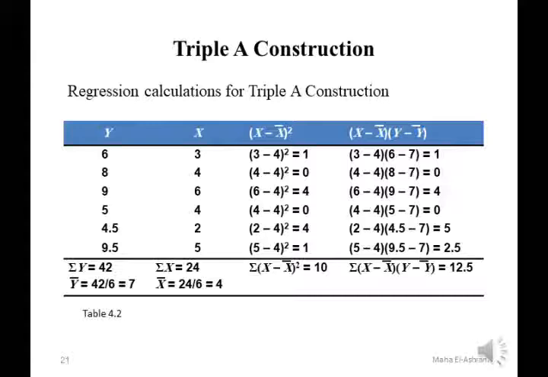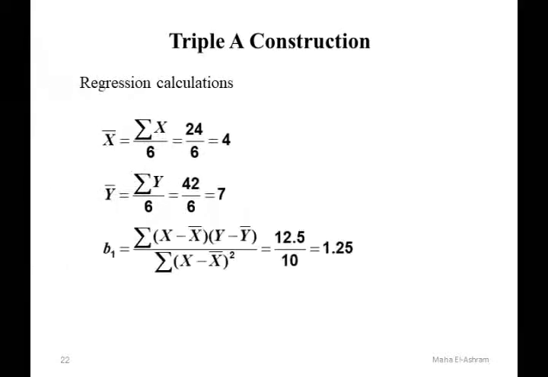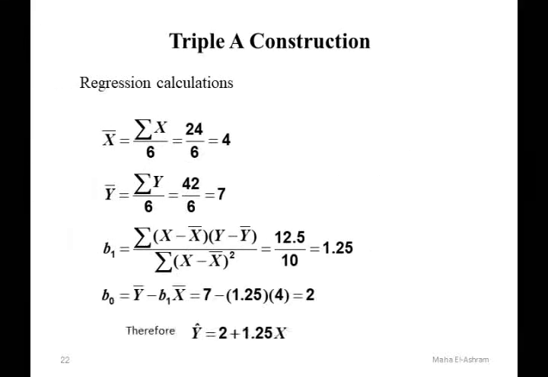So in this case, you have x and y, where we have to calculate x minus x bar squared, and x minus x bar times y minus y bar. And then substitute in these formulas to get b1 and b naught.